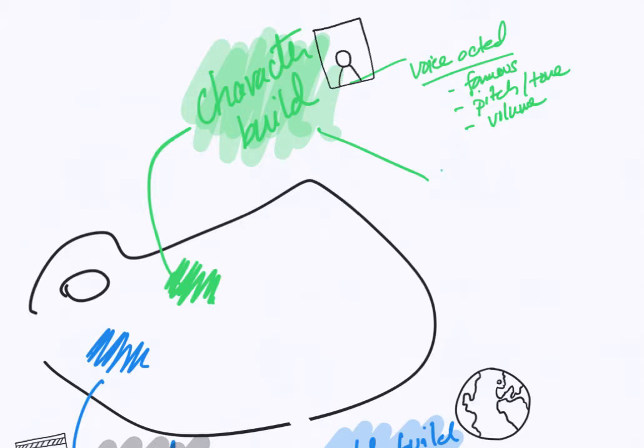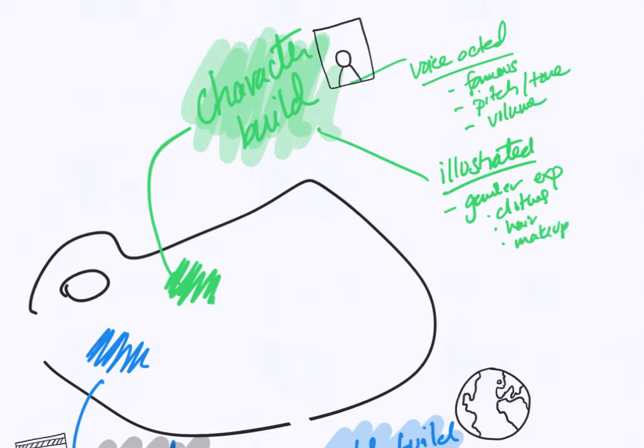In addition, we're talking about things like how the character is illustrated. And here we're going to be talking about things like gender expression, so clothes, hair, makeup, accessories, etc., right?